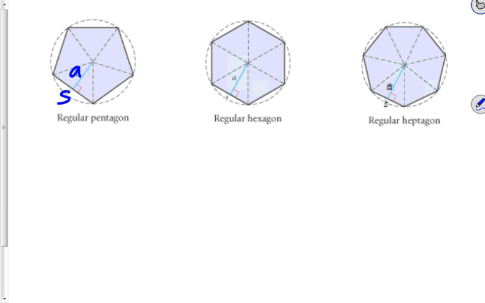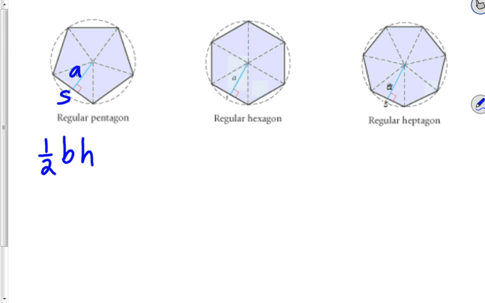All right, so let's find the area of each isosceles triangle. So we know the area of any triangle is 1/2 base times height, right? Well, if we're finding the area of this triangle right here, then the side length of the pentagon is the base, and the apothem is the height.